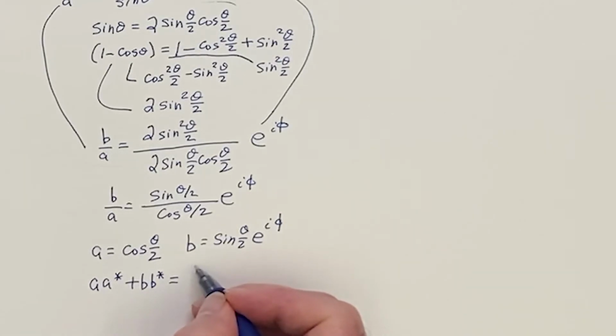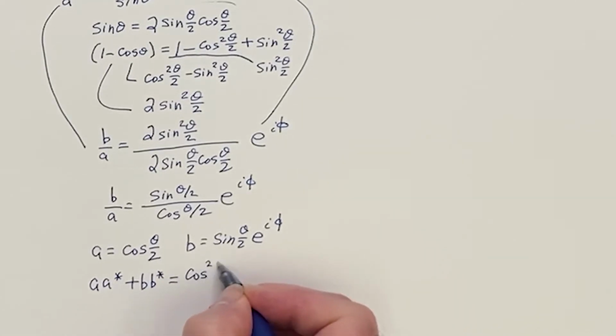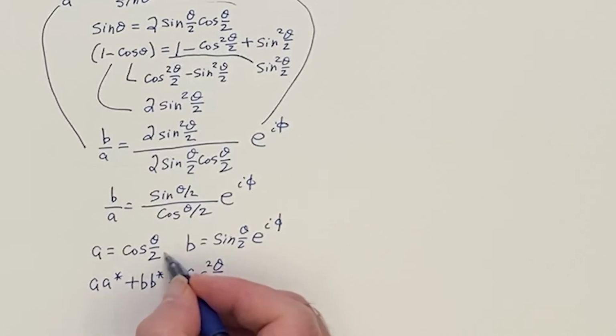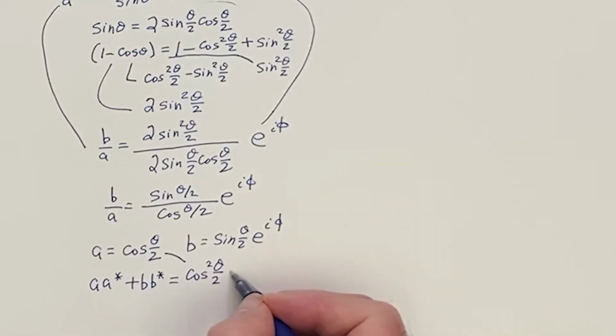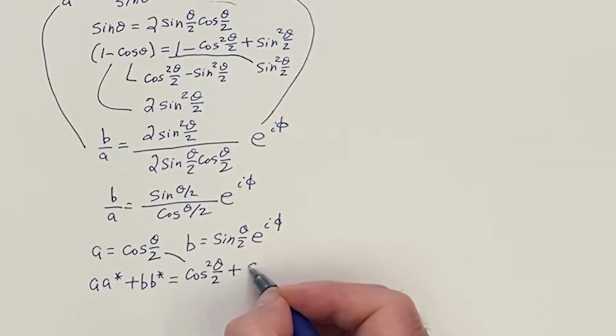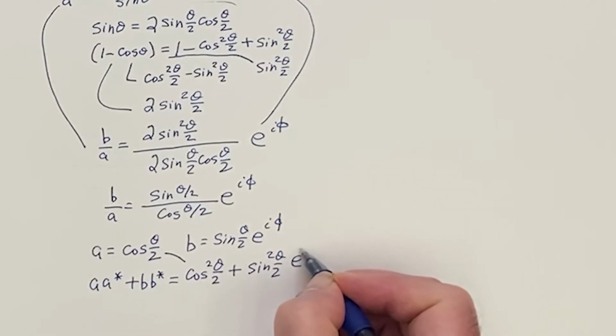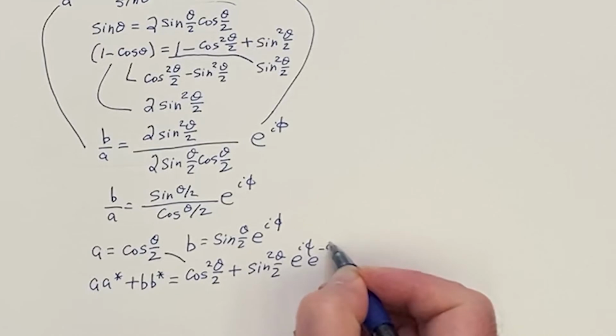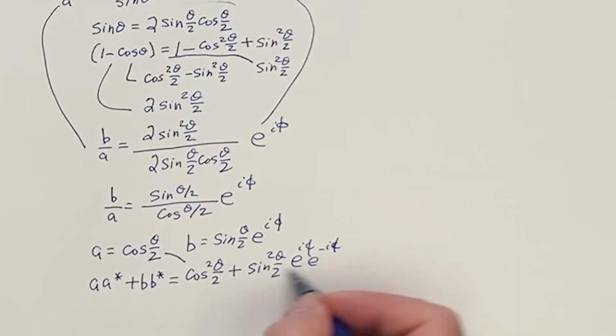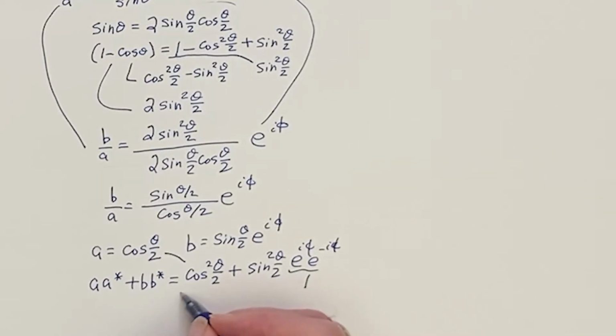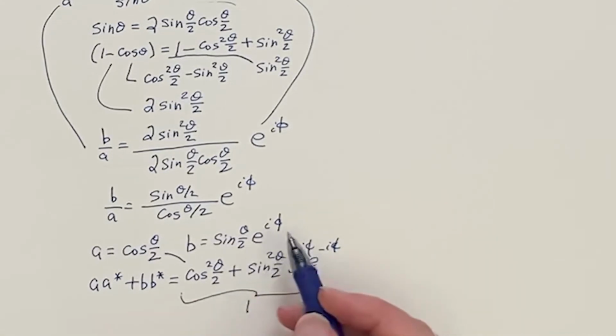If we do this, we'll get the cosine squared theta over 2 for the first part, plus sine squared theta over 2 for the second, but then e to the i phi times e to the minus i phi, when you do the star for the second part, is going to be 1, and this is going to be 1. So this is okay. We are normalized.